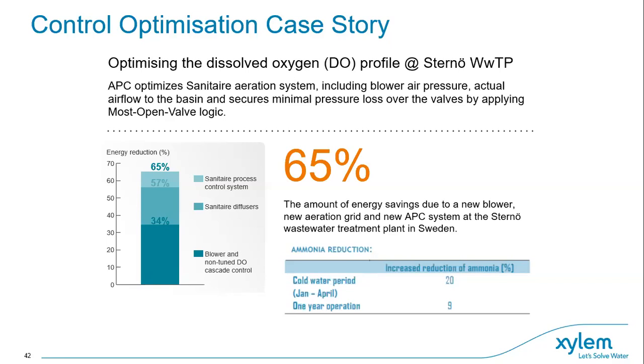We save around 57%, and we get to the 65% really just by improving the way in which that efficient combination of aeration and blowers is controlled. We apply most open valve logic, and we use a much more suitable control with DO, dissolved oxygen.